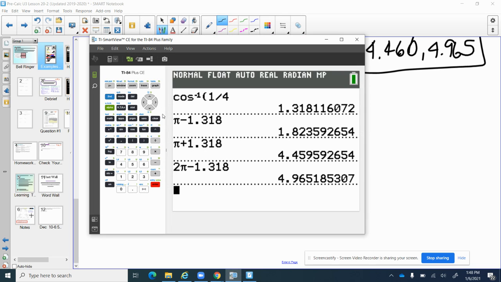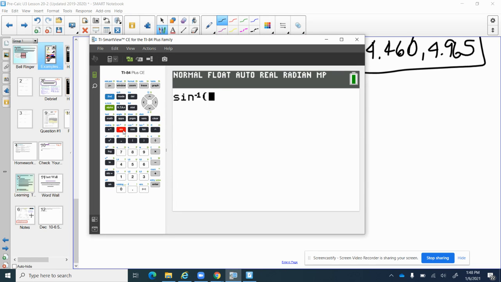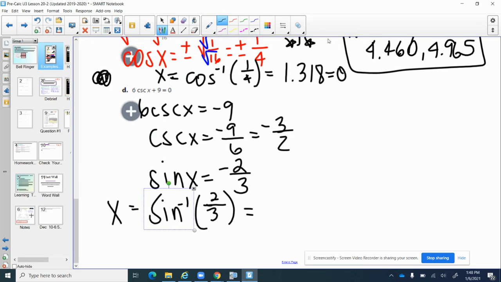In this case, sine inverse of 2/3 is 0.730 because we're rounding the 9 up to 2, so 0.730. Okay. Now, again, sine is negative, however, and we know sine is negative in quadrants 3 and 4.